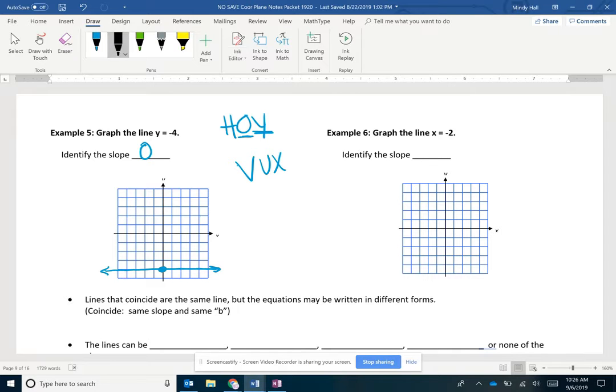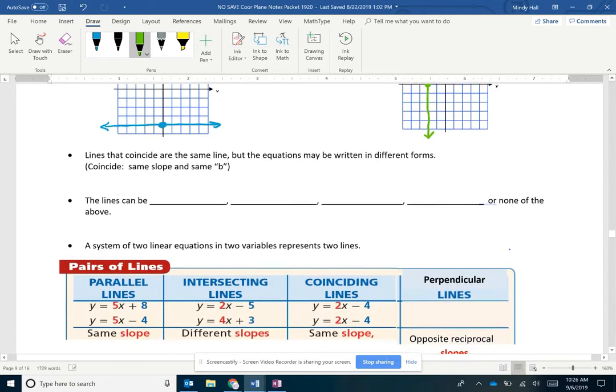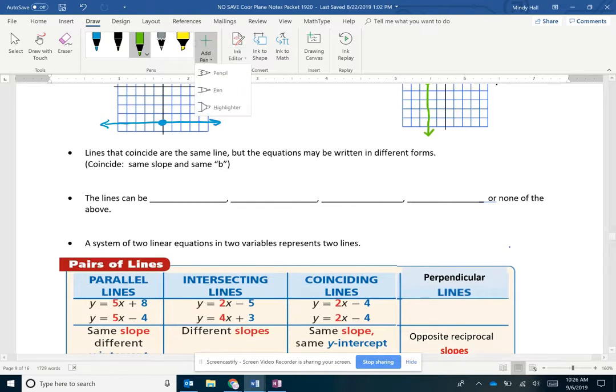But for the vertical one, we have an x equals -2. So -2 on the x-axis. And then my slope is undefined. And then it is a vertical line. That's what the V is for. So we just connect like that.